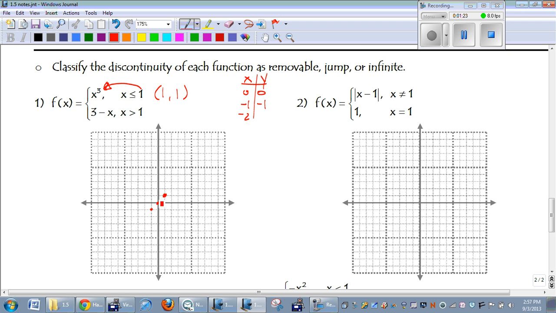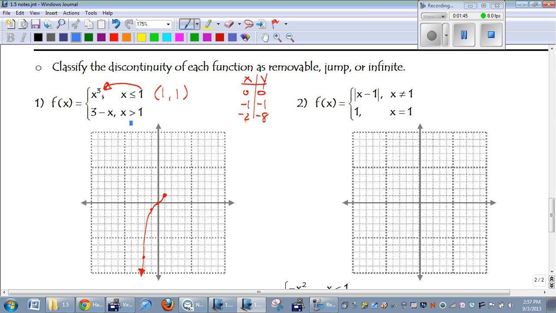Right now it's kind of looking like a straight line, but we should know cubic's not going to be a straight line. If we put -2 in for x, -2 cubed gives us -8. So it gives us a better idea of how this curves. It's going to curve through like this. Alright, so that's our left half of the graph.